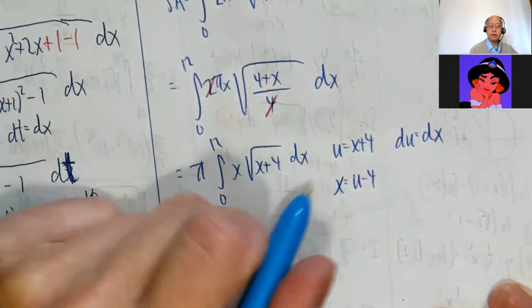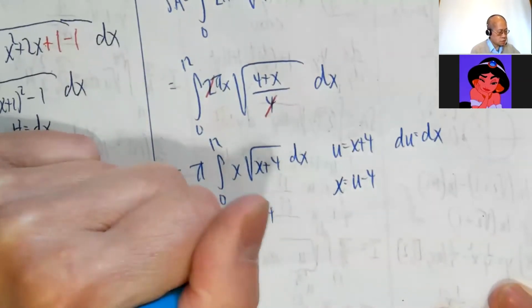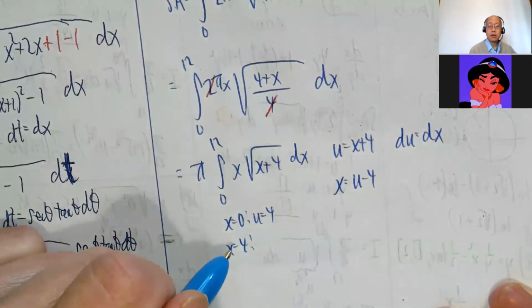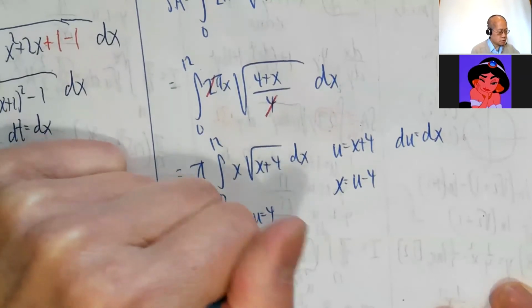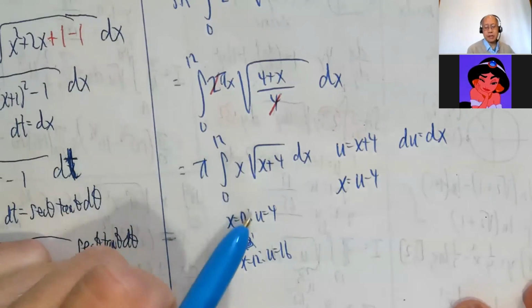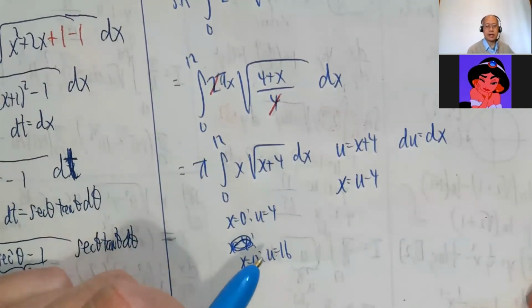When x is 0, u is 4. When x is 12, u is 16. That's nice because when I take a square root, there's only a 4 and a 16, which is what you like.